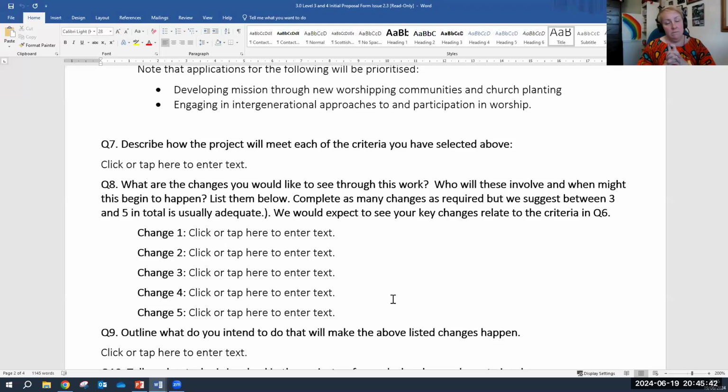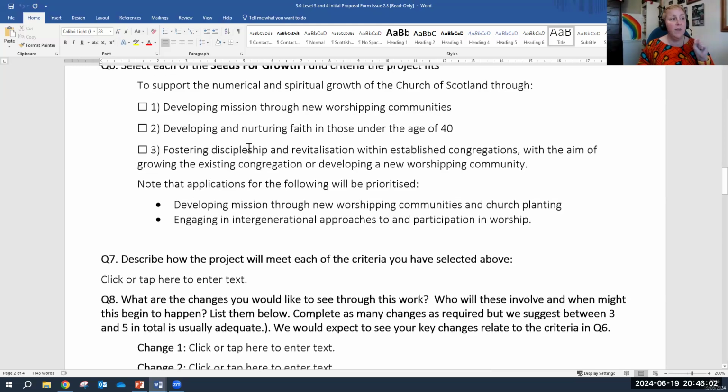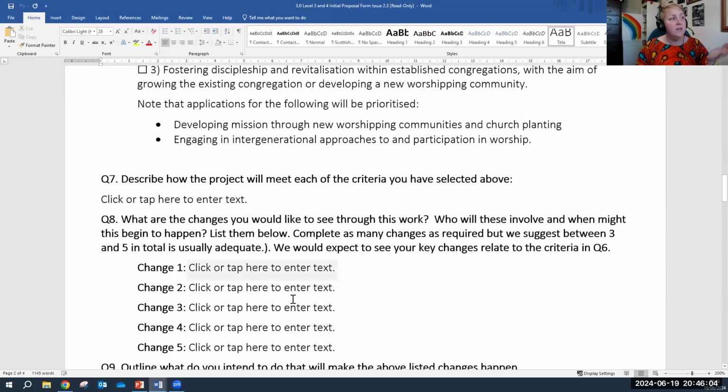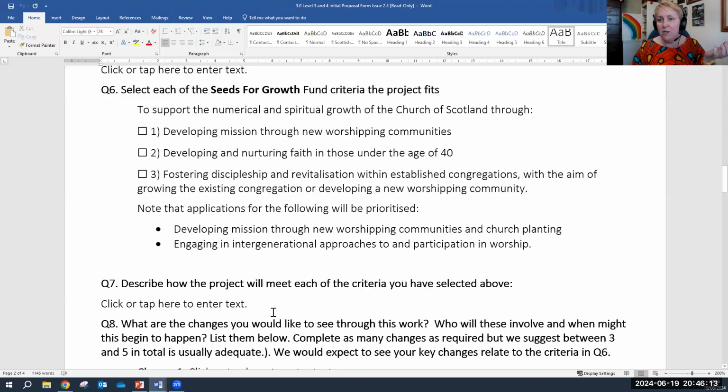And then we would expect to see your key changes relate to the criteria in question 6. Now that might seem a bit obvious, but we've said it anyway. We need to know that your work is moving towards these criteria, is fitting these criteria. And so, obviously, the changes that you want to see, the difference your project is going to make, is going to connect in with those criteria that you've ticked.